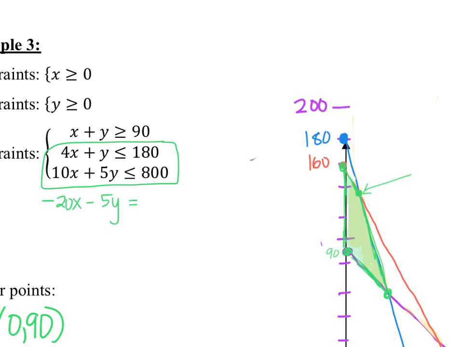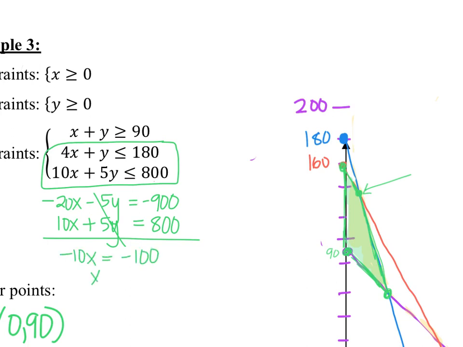And I can use equals when I'm solving, remember. And I'm multiplying that by -5 also, so I'll have -900. And then the bottom equation was fine, so 10x plus 5y equals 800. And we will eliminate the y's, giving me -10x equals -100. So the x intersection point is 10.